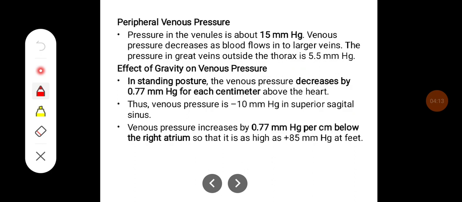Peripheral venous pressure. Pressure in the venules is about 15 mm of Hg. Venous pressure decreases as the blood flows to the larger veins. The pressure in the great veins outside the thorax is about 5.5 mm of Hg. Effect of gravity on venous pressure.